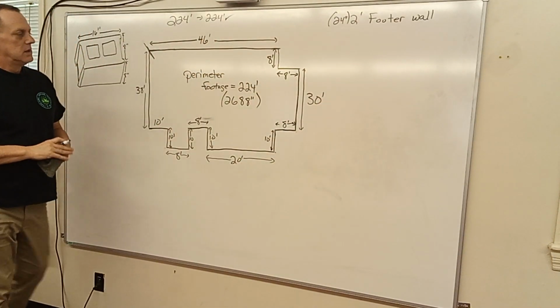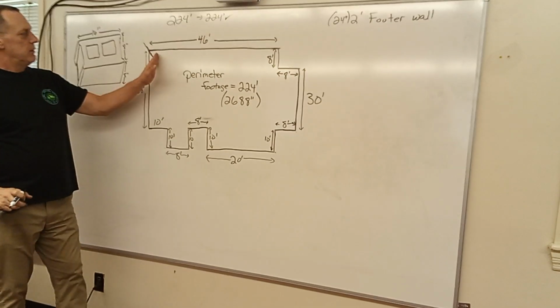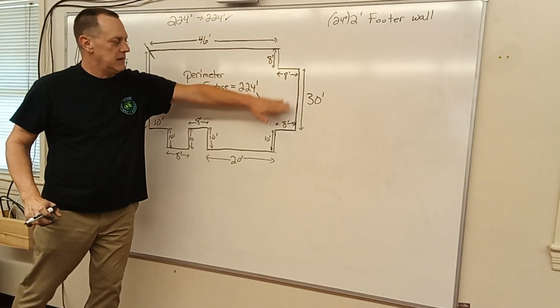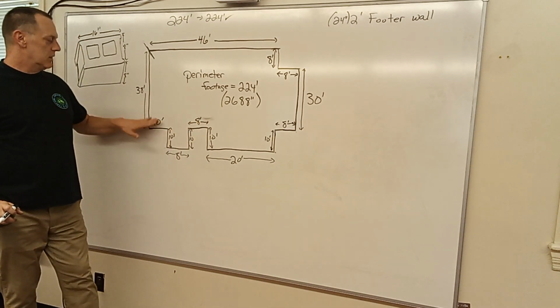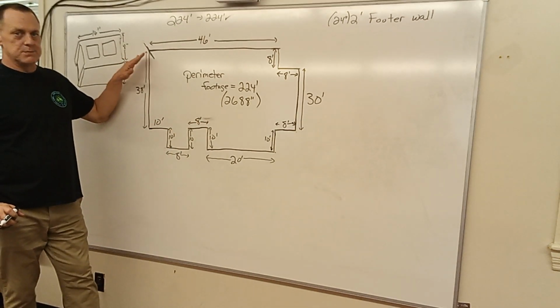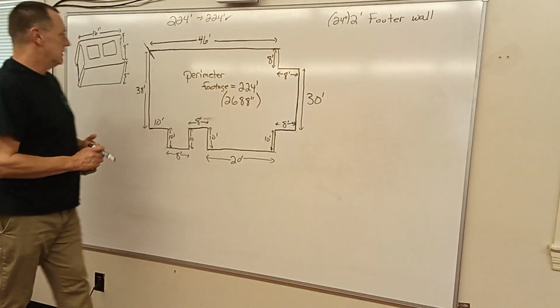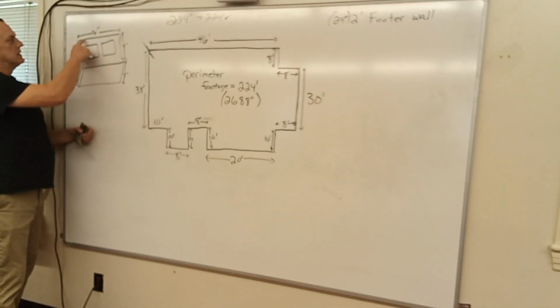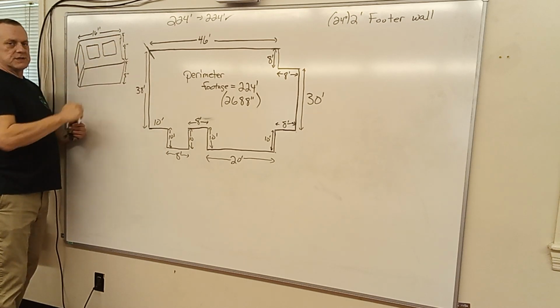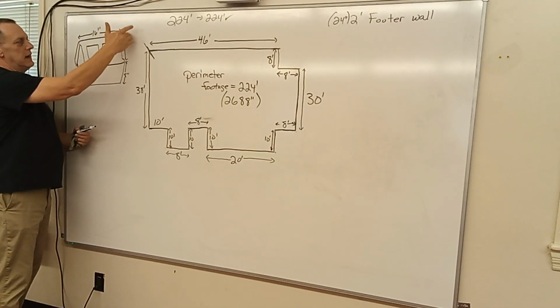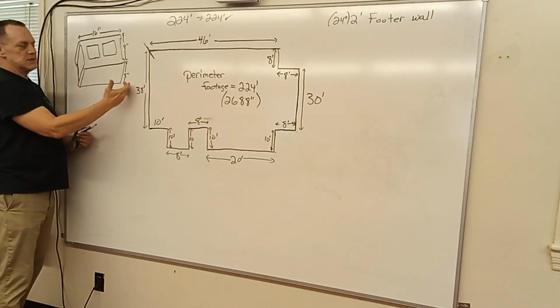Now, we now know that we've got 2,688 inches of perimeter distance around this building that we're going to have to be laying concrete blocks. Our dimensions for our concrete block, standard 16 inches long, 8 inches wide, 8 inches high, okay?